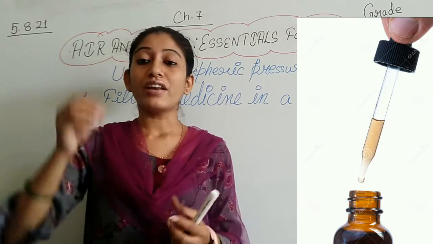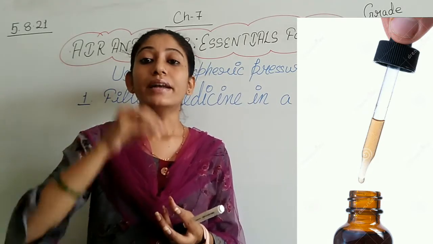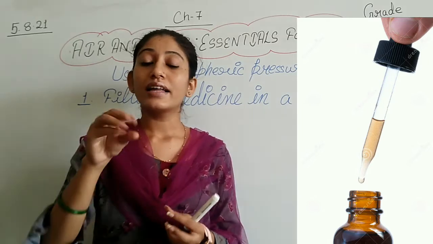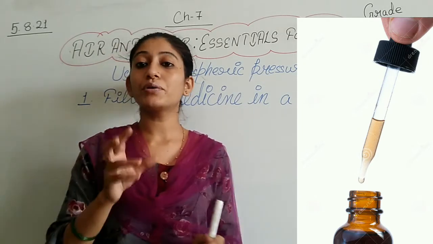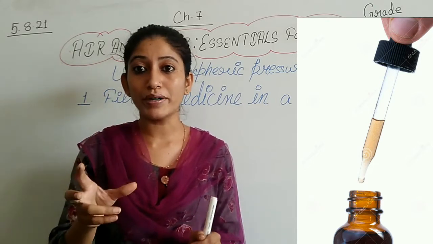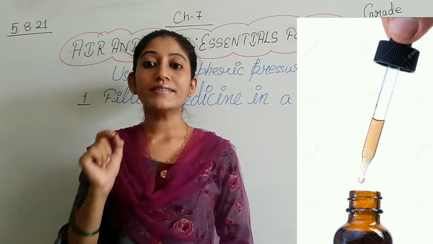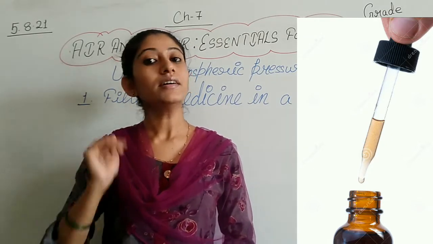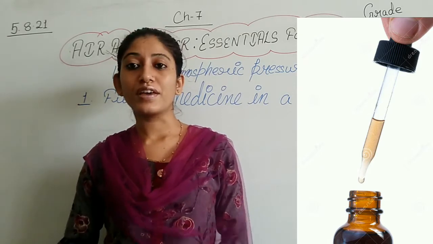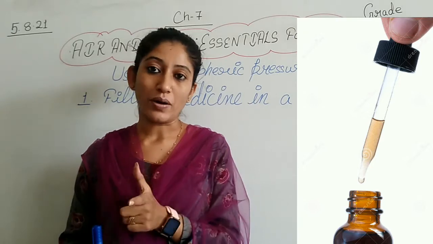But when we dip that dropper in the medicine, the air pressure in the medicine bottle is more as compared to the pressure in the dropper, which pushes up the medicine. So in this way we are able to fill medicine in a dropper.